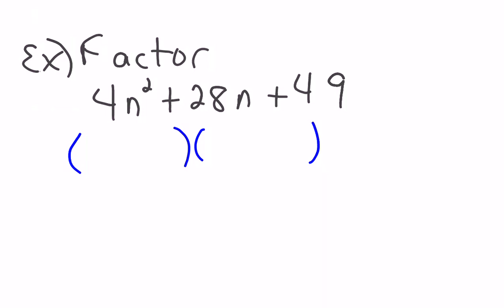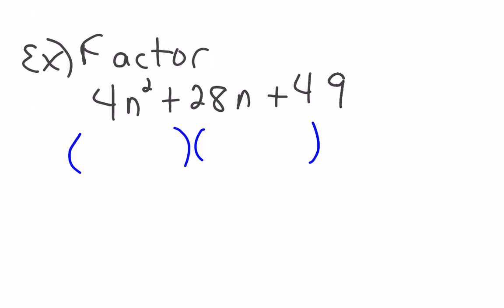However, sometimes we want to look at these, and instead of just trying numbers, we can think, oh, maybe this is a special factor where I would have the same thing times itself. So I look at the first term, and it's 4, and so we think, does 4 have something times itself? The answer is yes, 2 times 2. And we look at the last number, 49, and we say, is there a number times itself? And we say yes, it's 7 and 7.